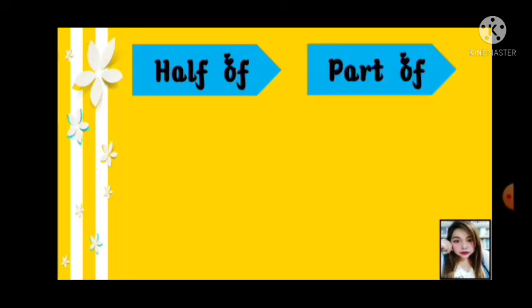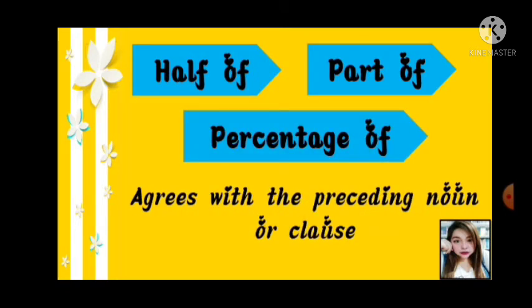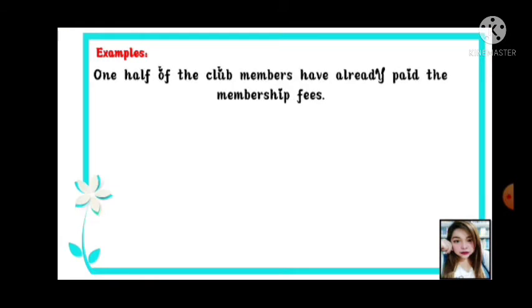We also have the words half of, part of, and percentage of. These words should agree with the preceding noun or clause. For example, 1/2 of the club members have already paid the membership fees. So the word have is plural in form because it is specifying a number of club members.